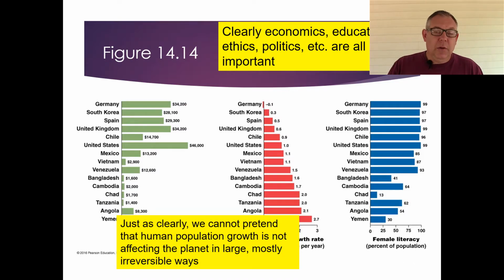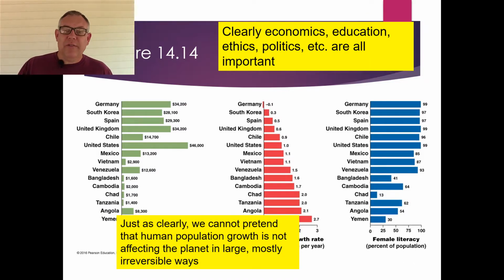And so again, if you look at this earlier graph that's talking about the different things that influence population growth, clearly, economics and education, ethics, morality, politics, all of that is really important to figuring out what our carrying capacity is and what our life is going to be like as we approach carrying capacity.